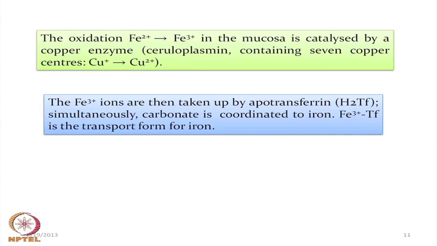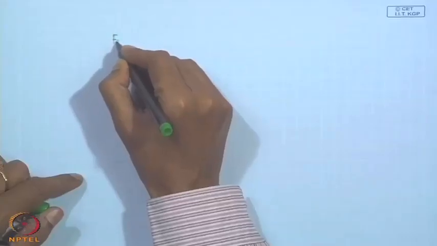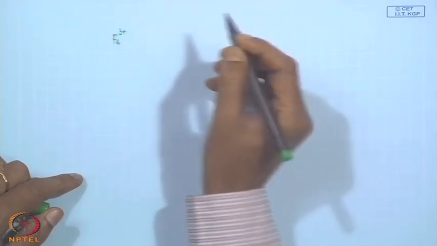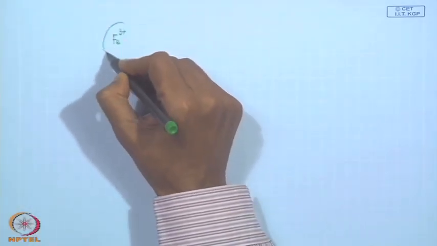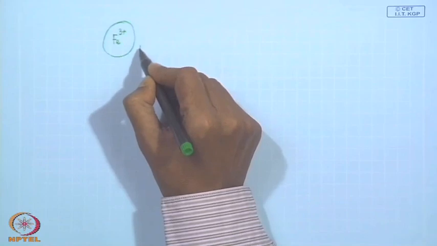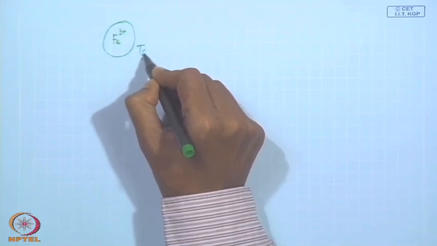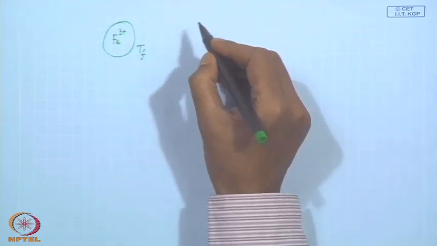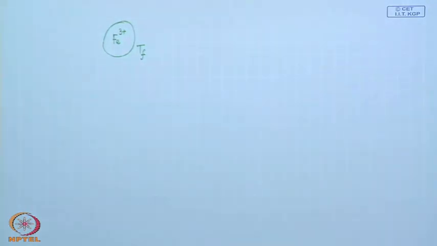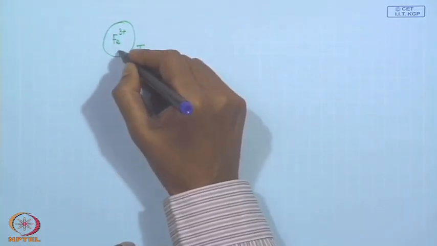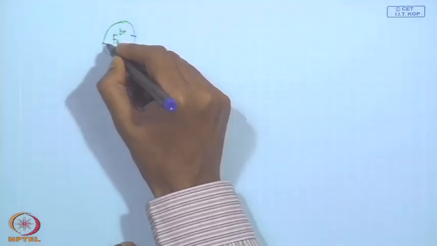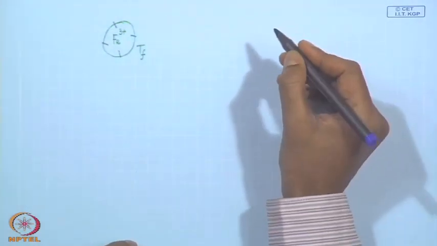So, ferric transferrin, Fe3+, is incorporated within the transferrin molecule, and this tells us that we can have some donor points available for the carbonate ion.